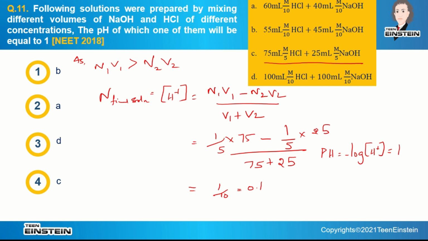So the final, as it is left at the end of the reaction. So the correct answer is option 4, that is the concentration of sodium hydroxide and HCl would be the option C.